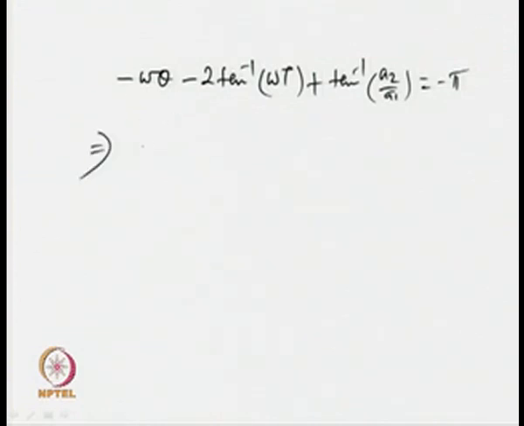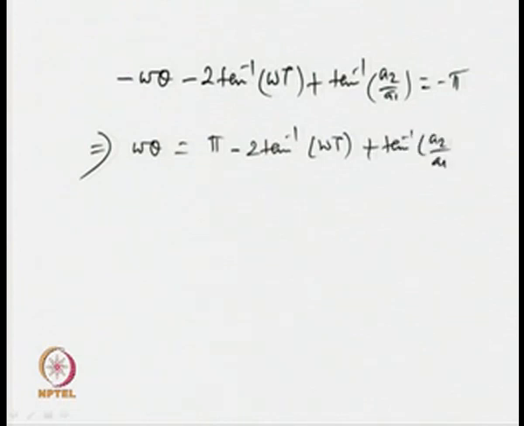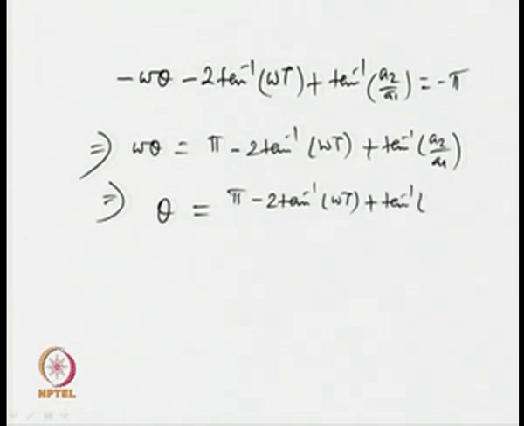So, this will be omega theta is equal to pi minus 2 tan inverse omega t plus tan inverse a2 by a1, implying theta is equal to pi minus 2 tan inverse omega t plus tan inverse a2 divided by a1, whole divided by omega.